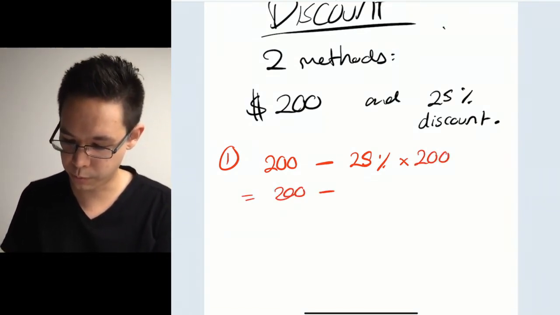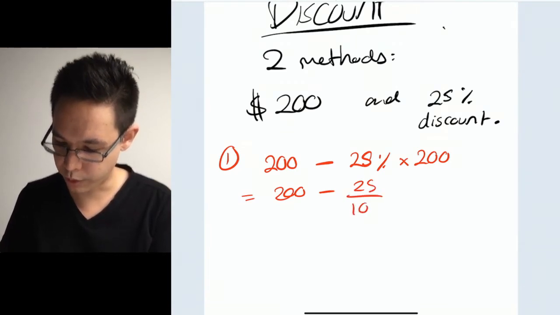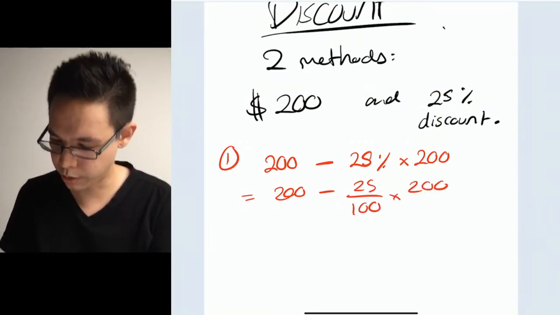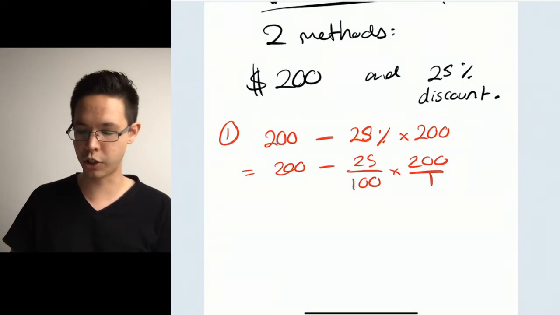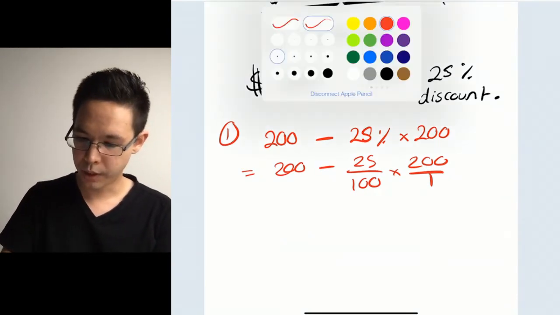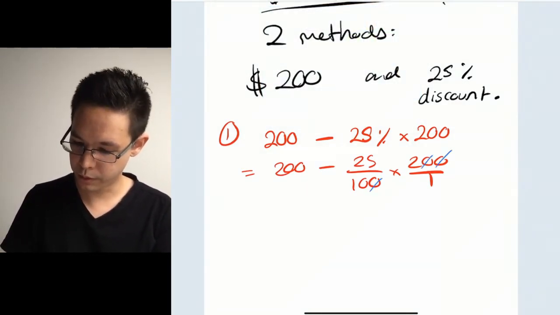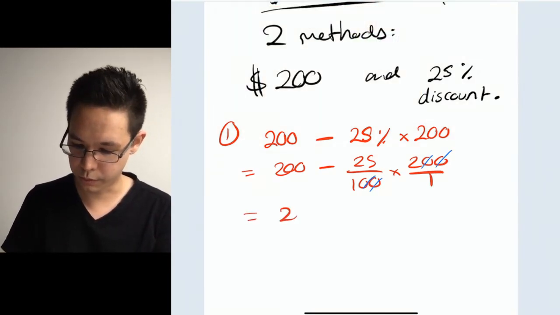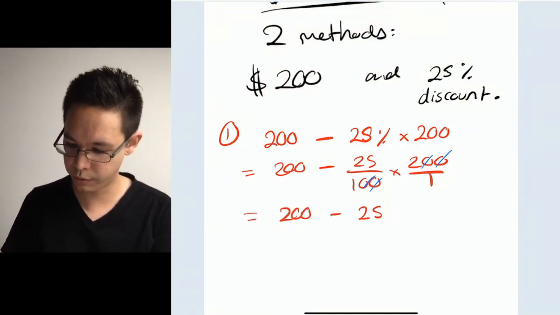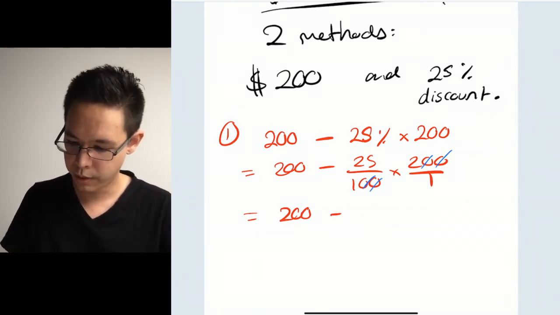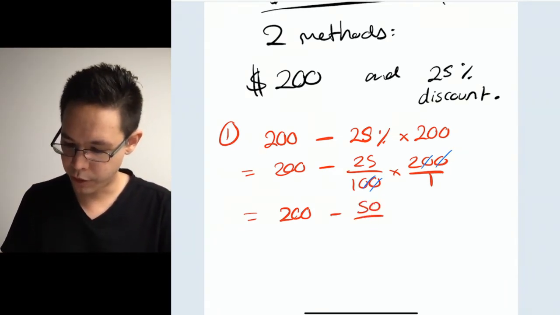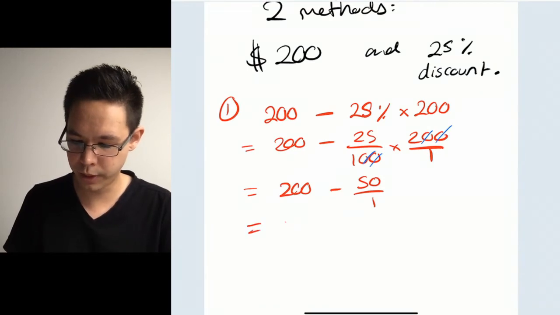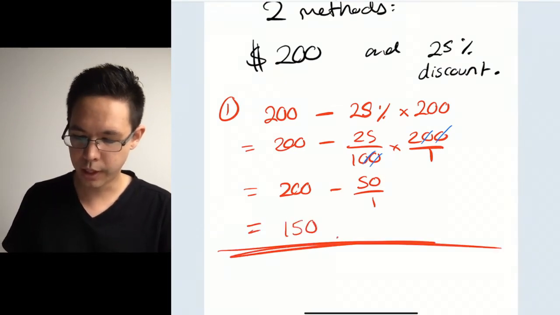So I'll get 200 subtract 25 over 100 times 200 over 1. This is just me rejigging some maths here. I can now cancel out some zeros that way. And now I get 200 subtract 25 times 2, which would give me 50. So it's basically 200 remove 50. That gives me 150. That's one option.